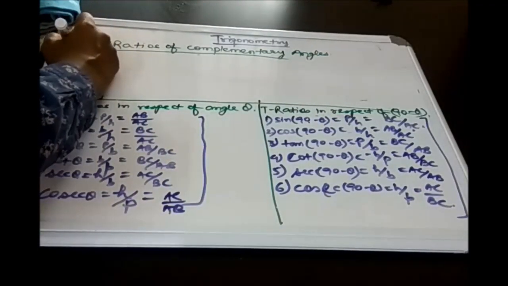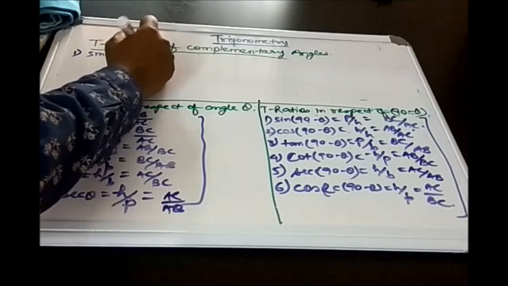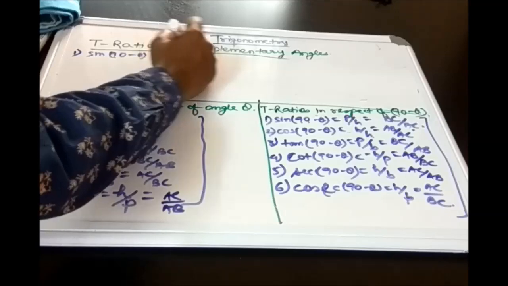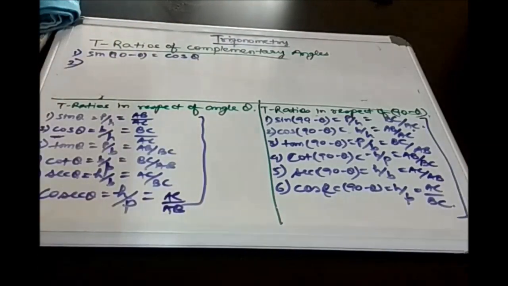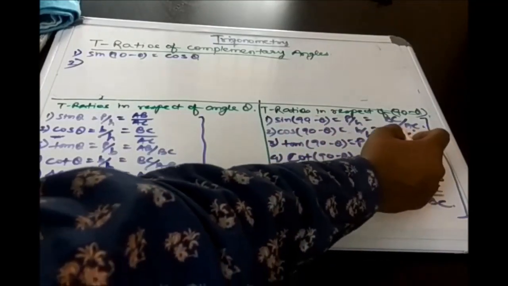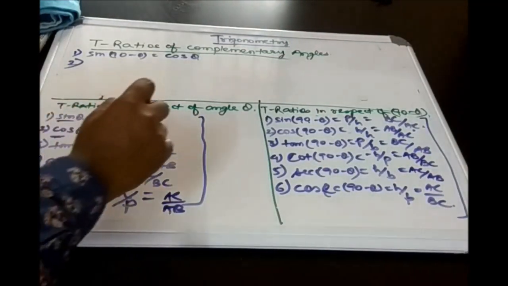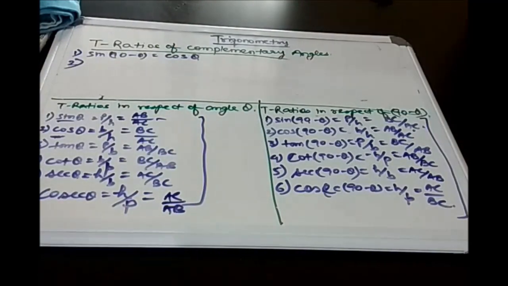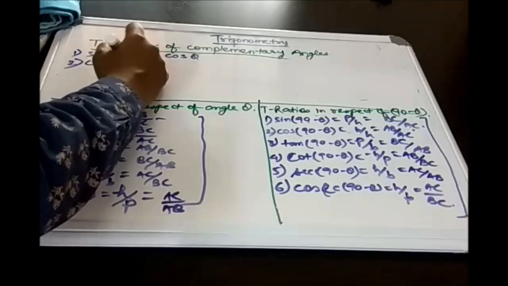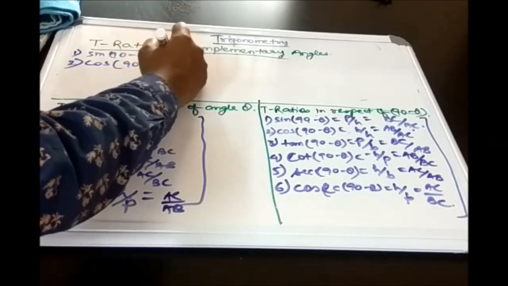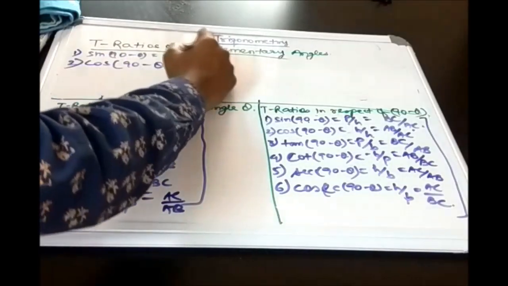So first relation that comes is sine 90 minus theta is cos theta. Now you compare cos 90 minus theta, that is AB by AC. If you see this side, sin theta is AB by AC. So we get our second relation. Cos 90 minus theta is sin theta.